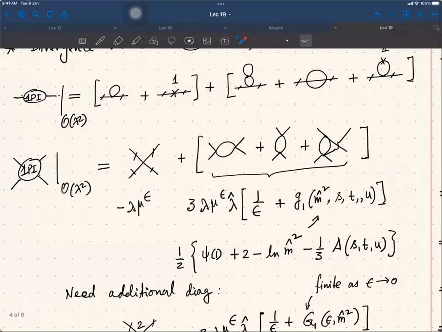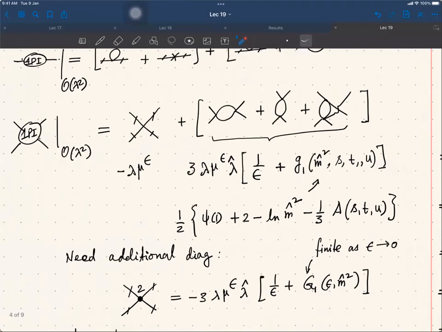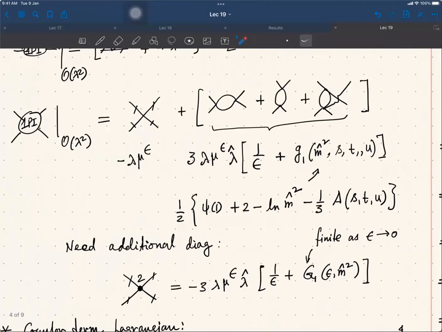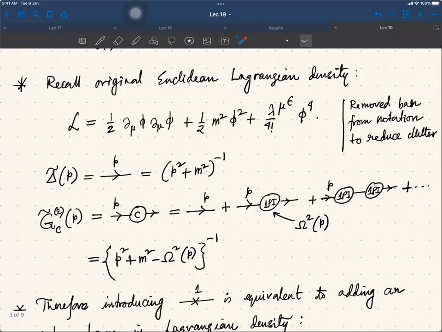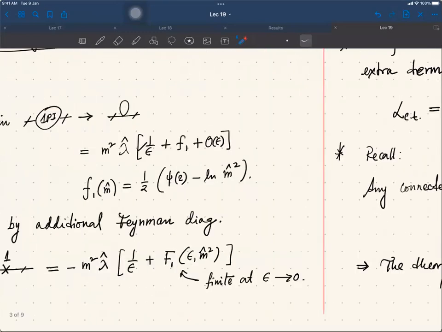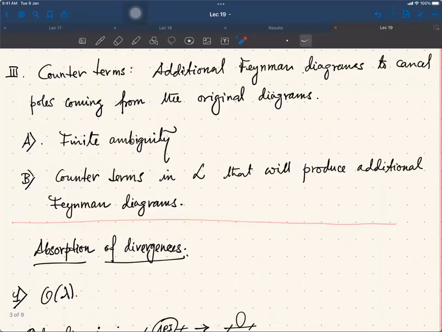The previous order 4-point vertex had a finite piece, which is given by this, where A is given by the summation over the channels.